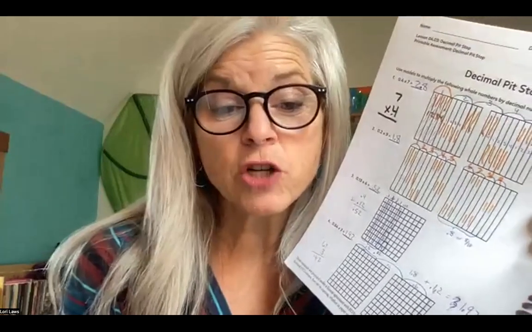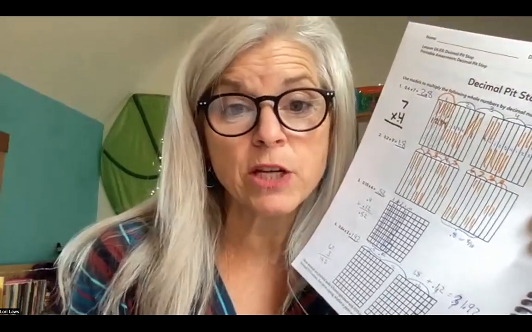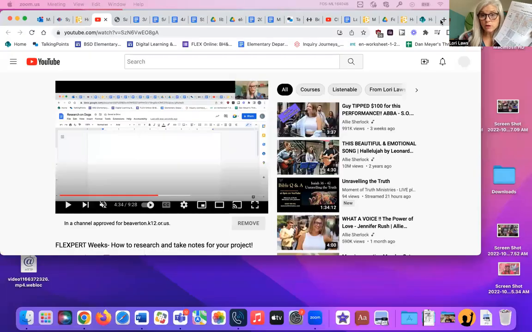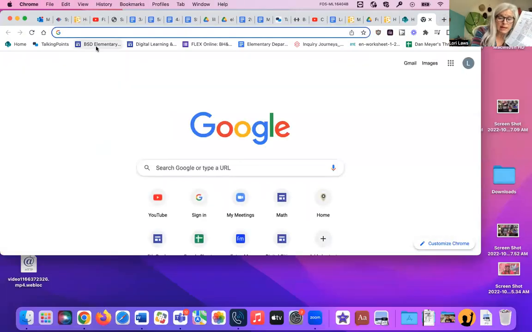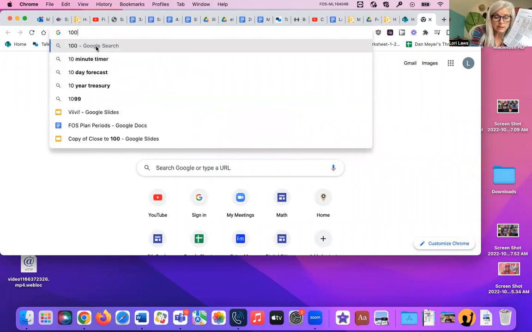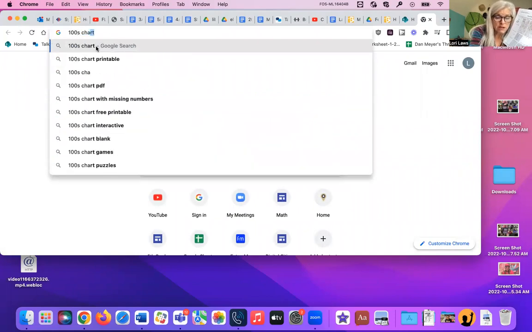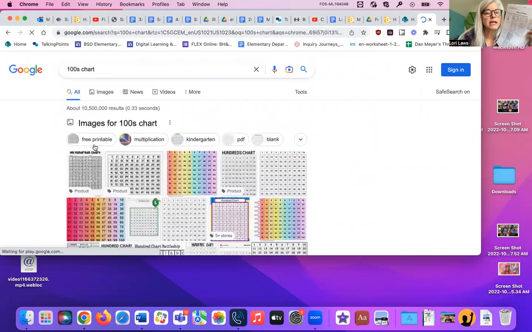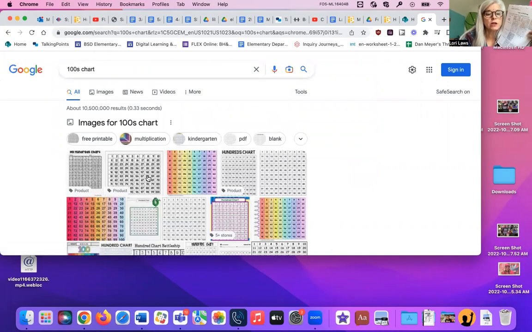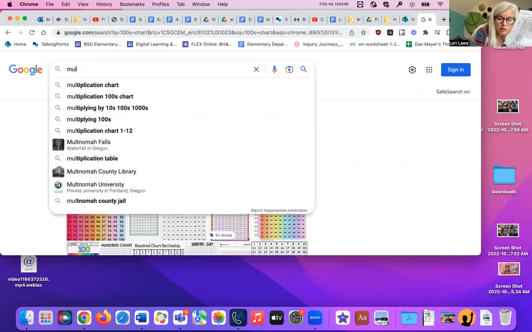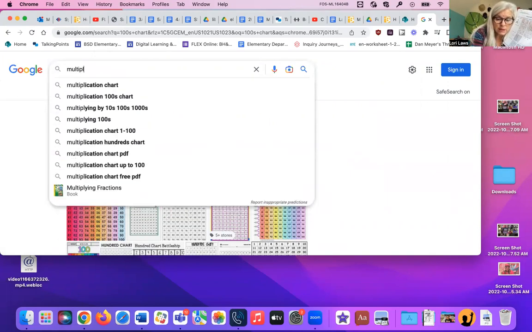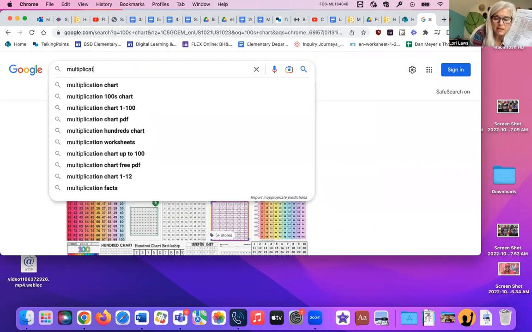Again, Christian, I want you to have a place value chart opened up on your screen so that you can check it, okay? So I want you to go to a new tab and I want you to open that hundreds chart. It's called a multiplication chart or a math facts chart.